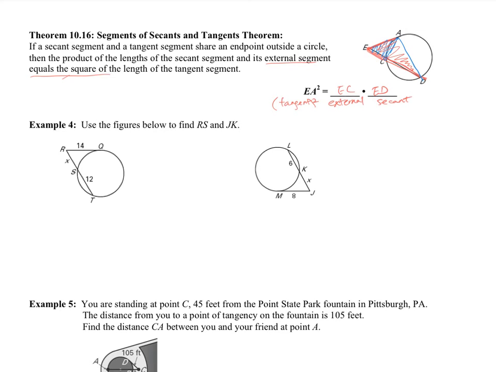And again, we can establish a proportion where EA to EC equals ED to EA, long side to short side. So cross multiply, EA squared equals EC times ED. So that's where it comes from.